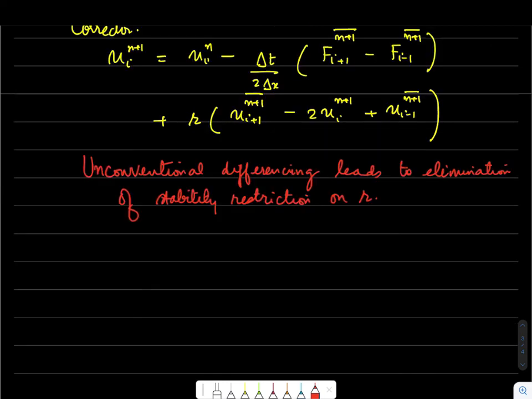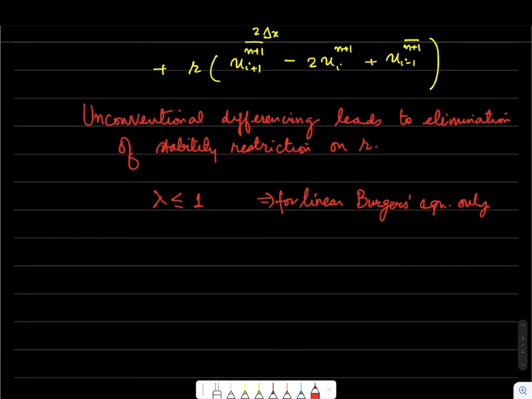With this scheme, the only stability criterion that remains is that lambda should be less than or equal to 1, and this is of course for the linear Burger's equation. So now a much larger time step can be used when nu is large. Notice that R, which we wrote as nu delta t by delta x square, has no stability criterion.